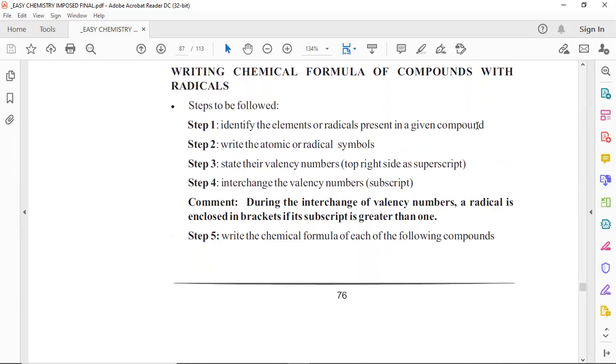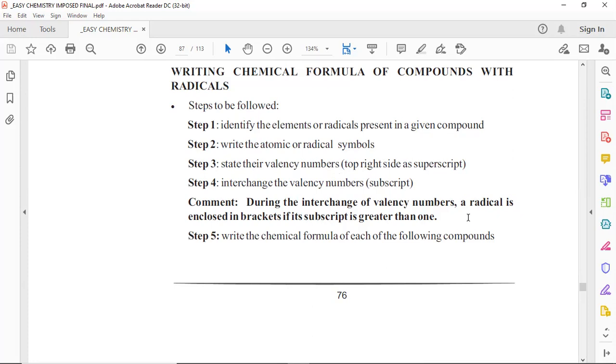There are times when an element combines with a radical, and times when a radical combines with a radical. We'll look at examples very soon. Write the atomic symbol, whether it's an element or a radical. State the valence number, writing it on the top right side as a superscript.